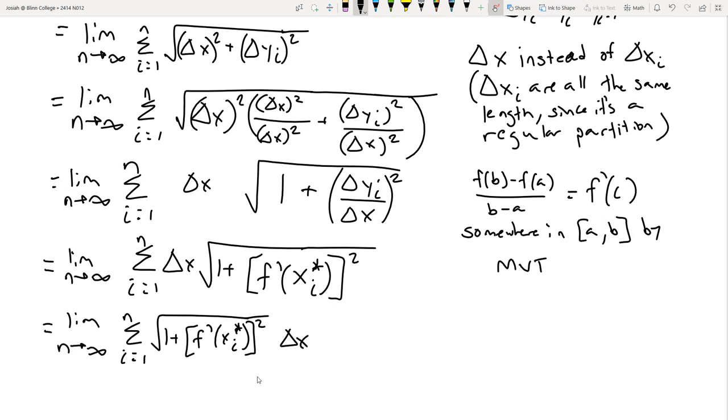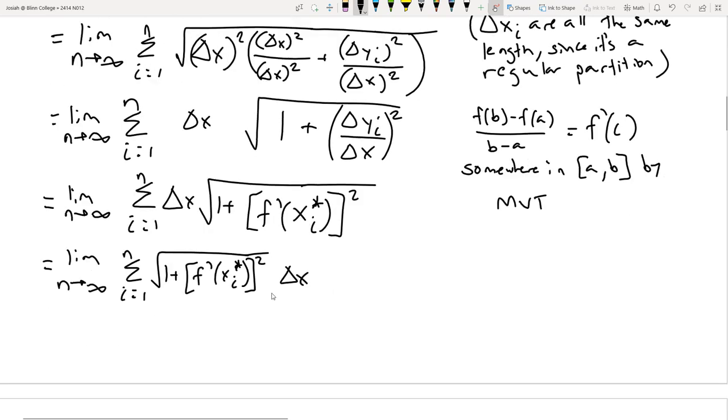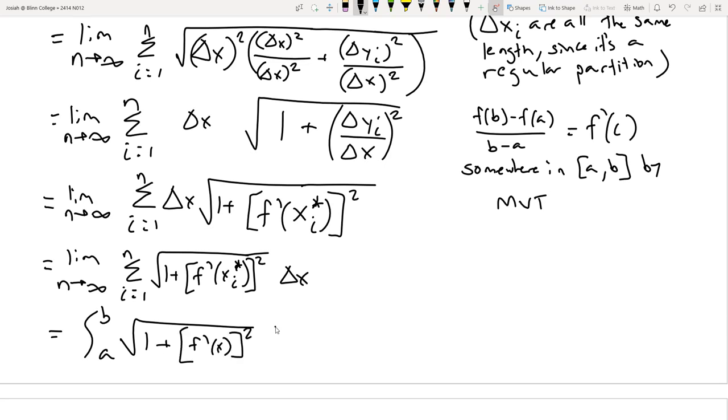Now we have the width of our rectangle and the height of our rectangle, and these are the necessary steps we need. We'll turn this into the integral from a to b of root 1 plus f prime of x quantity squared, and that delta x turns into a dx. And so this is going to be our arc length formula.